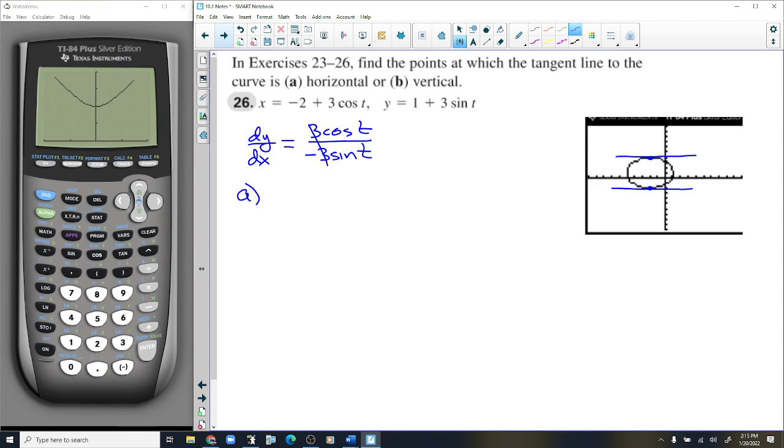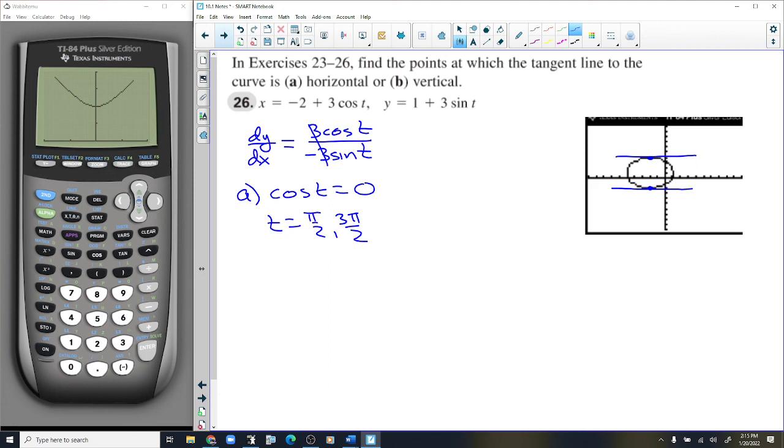Horizontal has a slope of 0, so I got to make the slope 0. So I need cosine of t equal to 0. Now we're going from 0 to 2 pi. There's no need to go any farther than that because that's one trip around the circle. So t is equal to pi over 2 and 3 pi over 2. That's where cosine is 0.